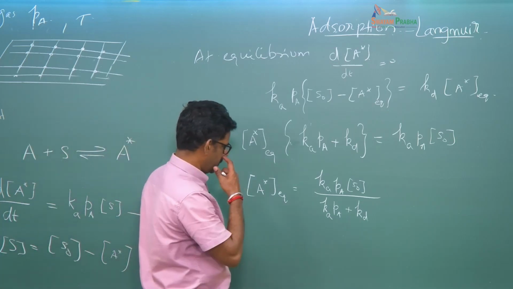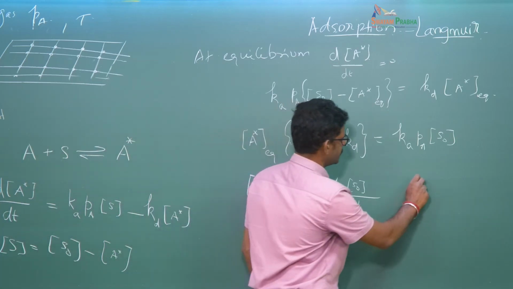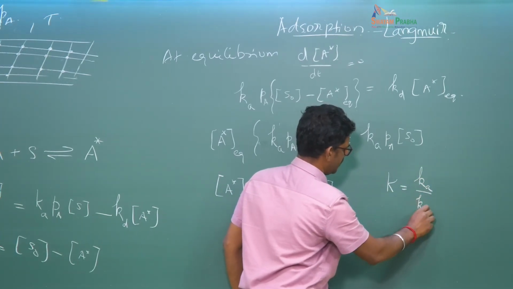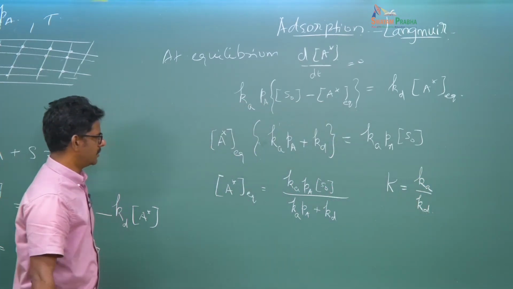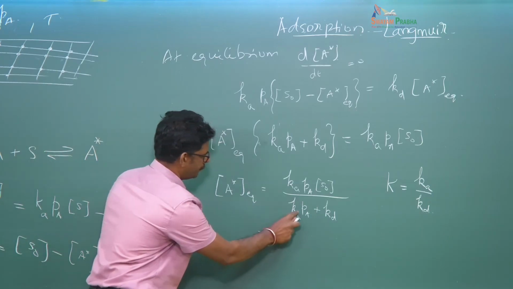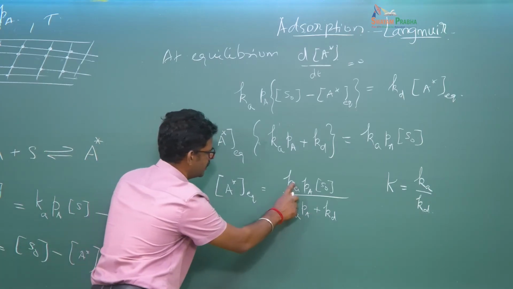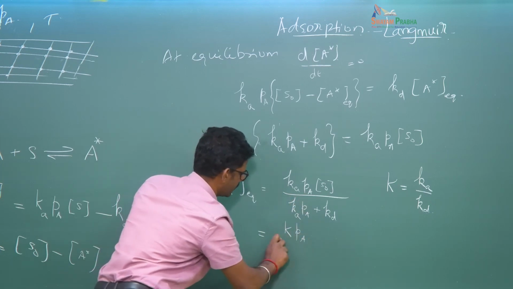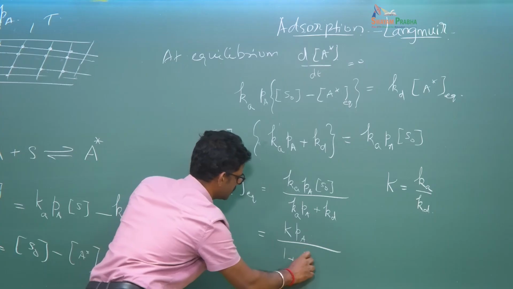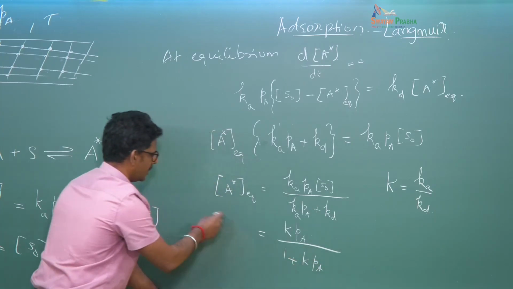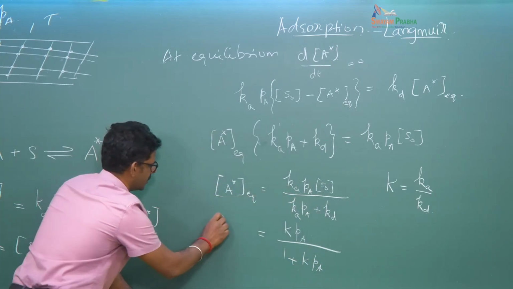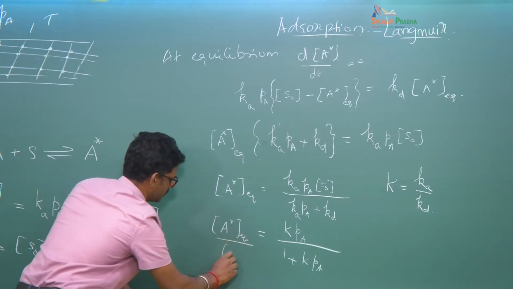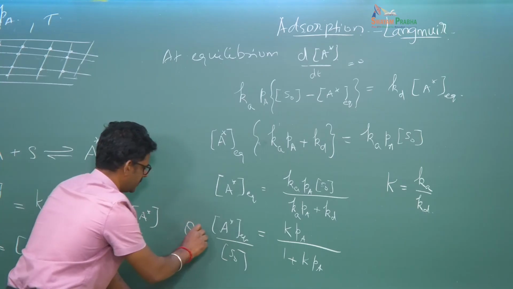Now we can define an equilibrium constant K as Ka by Kd. If you take Kd out, you will get capital K Pa by 1 plus K Pa, and then you can bring this S naught here, and we call this the coverage.